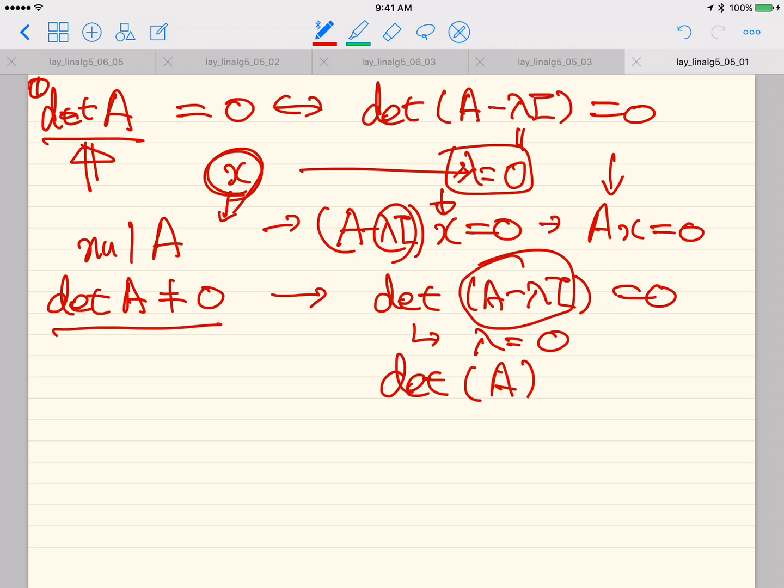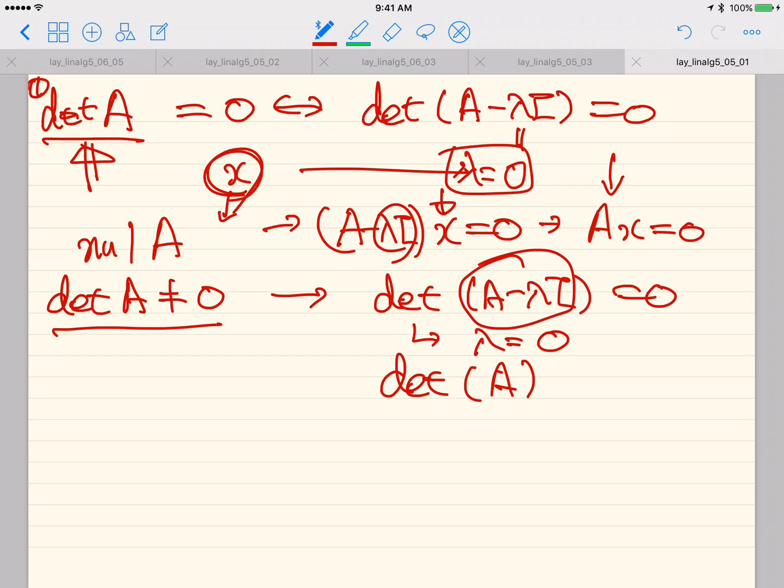I think that any specific number lambda can return A to be invertible. Can you say again? If there is one specific lambda that makes the matrix A invertible.